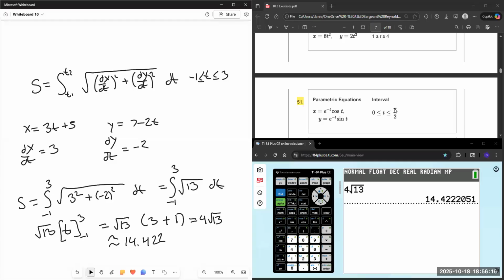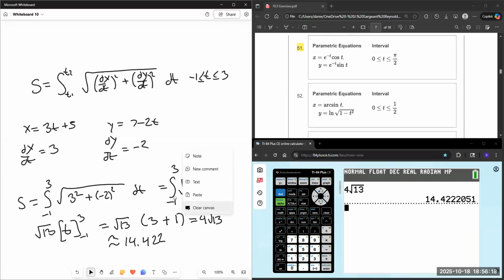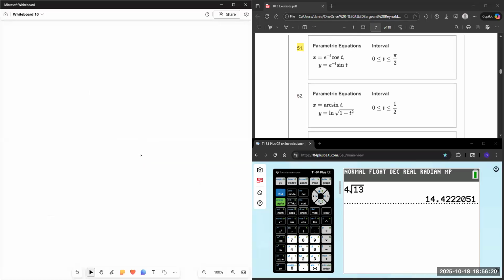Let's go ahead and look at number 51 now. 51 says x is equal to e to the negative t cosine of t, and y is equal to e to the negative t sine of t, and 0 less than or equal to t less than or equal to pi over 2.